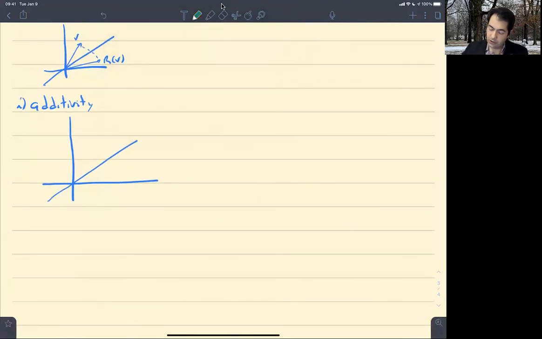Okay, so let's say that here is the vector v, and so here is Rv.